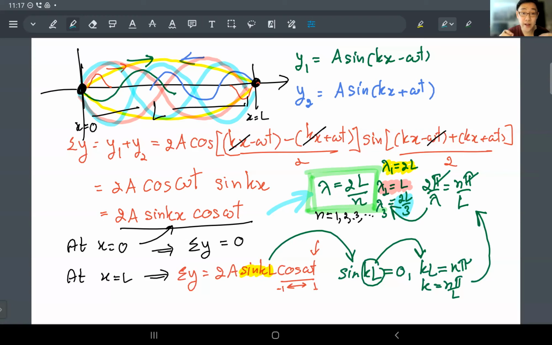What we are looking at over here is what we call a standing wave, guys. Why is it called a standing wave? Because when you look at this, there is always some portion of the elements inside the medium that does not move at all. See that? At least you can see the obvious two, the endpoints.